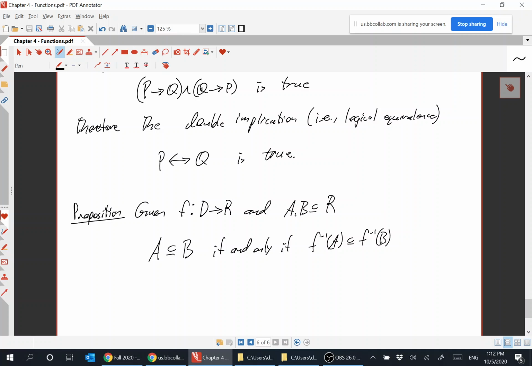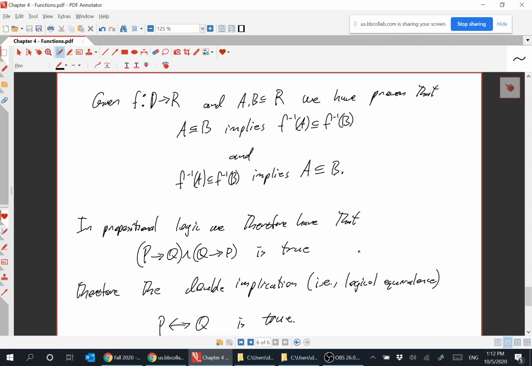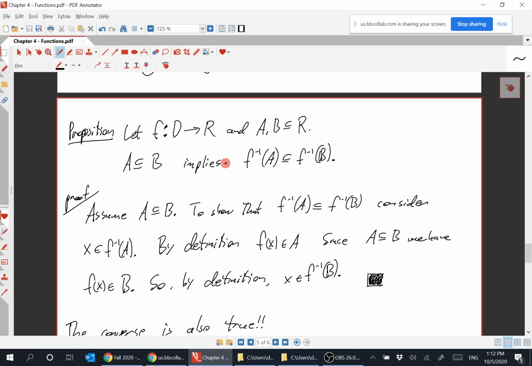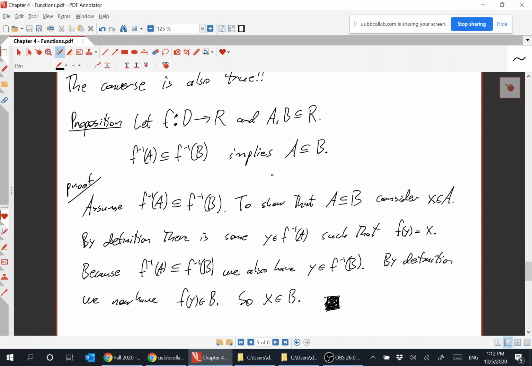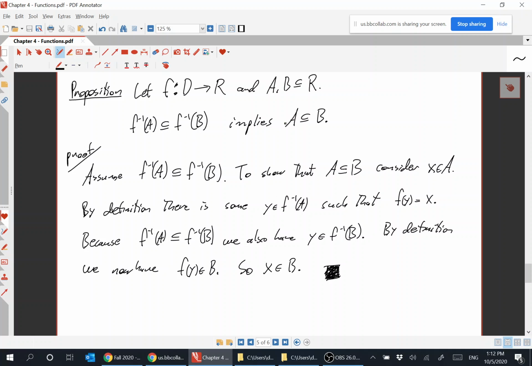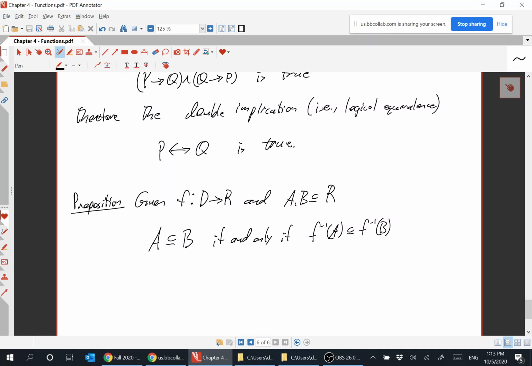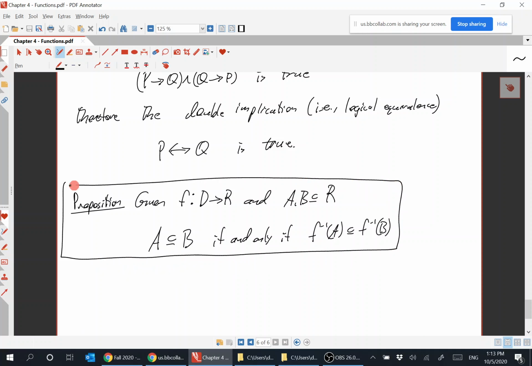So a proof of an if and only if statement contains two proofs: the proof of one direction, one implication, and the proof of the converse implication, which we did. Normally they're not presented as two separate results like that, but I did it here just to draw attention to what it is that we're doing here.